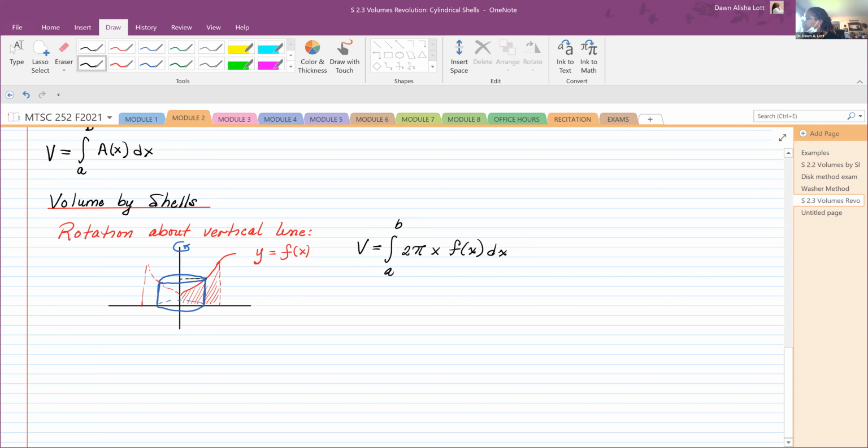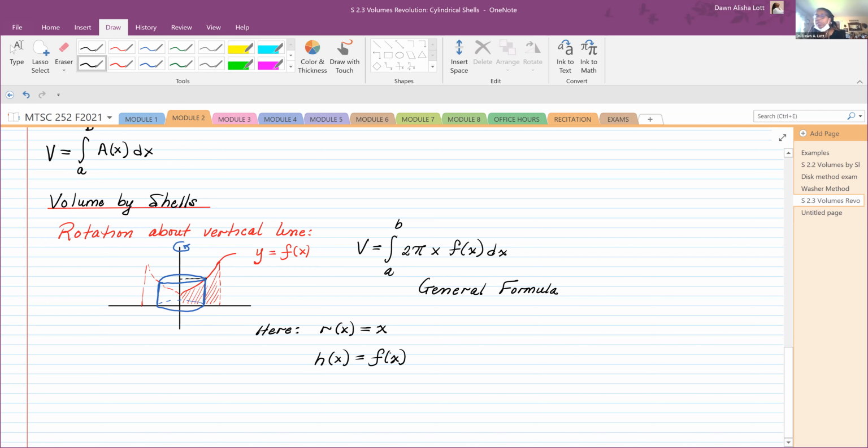Now this is a very general formula, because I never write the formula like this. This is the way the book writes it. I never write it like this because my radius is not always x. In this formula, my radius is x because I'm x units from the y-axis, and my height is f of x.